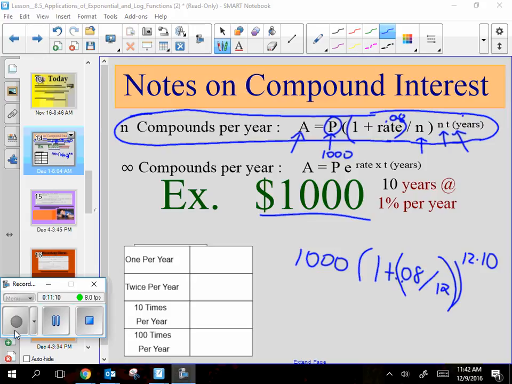And the reason is, all of a sudden this 0.08 divided by 12 is really small, but then you're getting it monthly, so you get 12 times that number of years, because you're getting a total number of months that it's going to compound instead of years. So I know this gets to be really small and it feels wrong, like it's not growing by very much, but it's doing it for way more than 10 years. It's doing it for 12 times 10 is 120 times you get to grow that way.